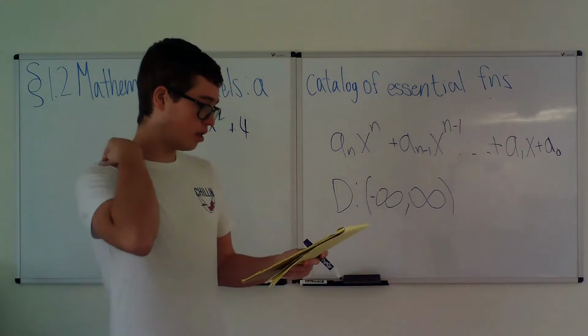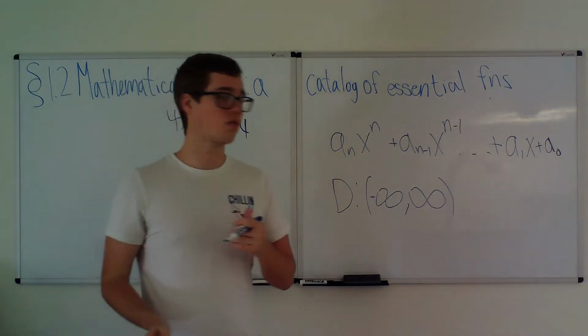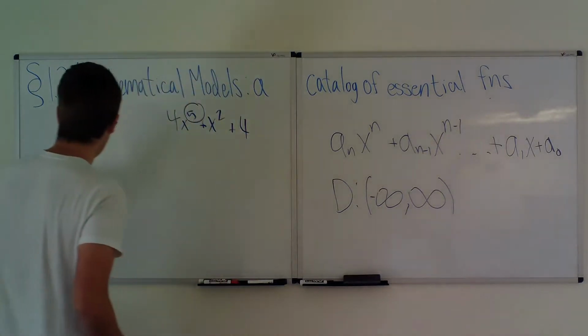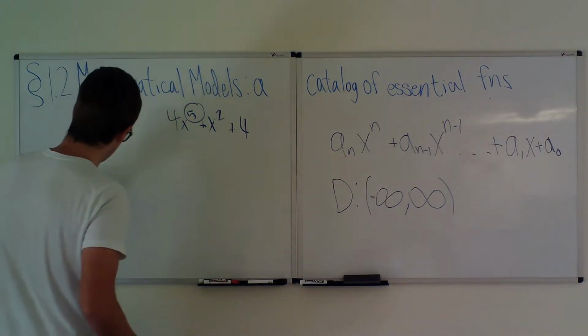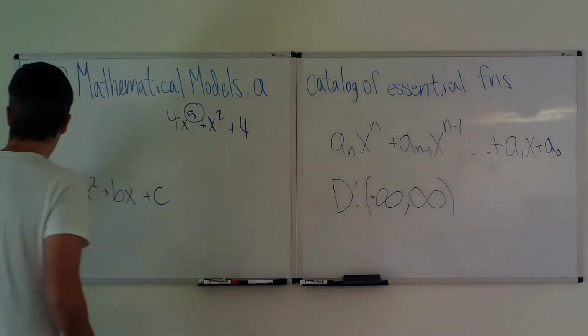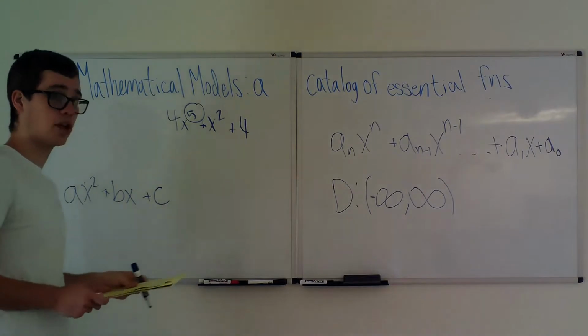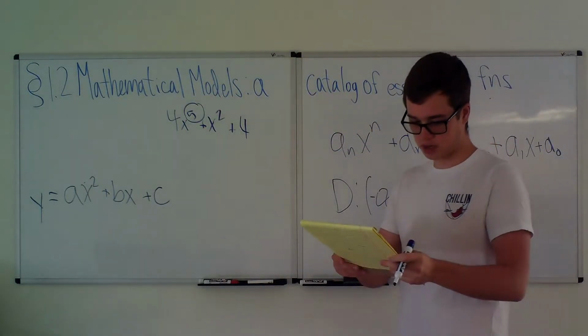And then a degree 2 is called a quadratic in the form ax squared plus bx plus c. And we've seen this before because we plugged into the quadratic formula since, I don't know, Algebra 1.